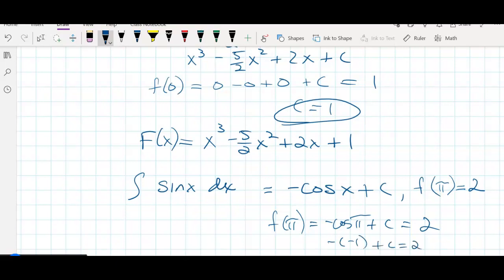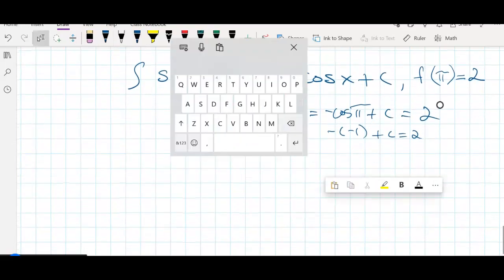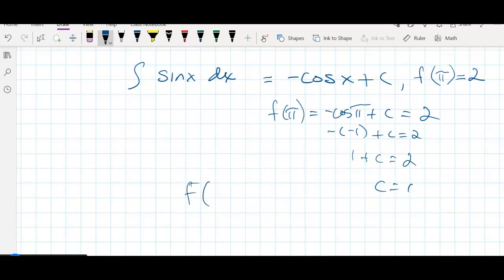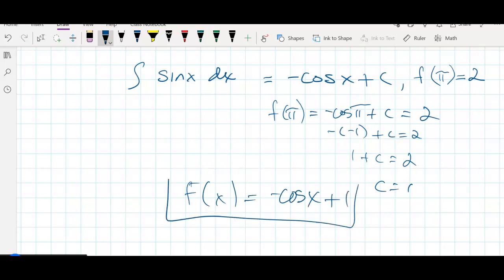Plus c equals 2. So I got 1 plus c equals 2, c equals 1. So that just means when I write my original function, the answer is negative cosine x plus 1. There you go. That is your test.